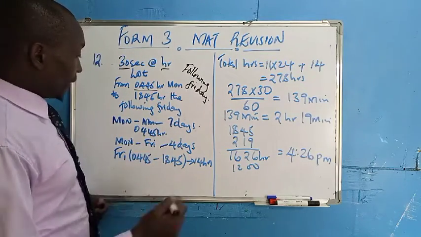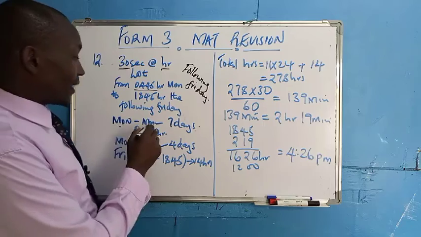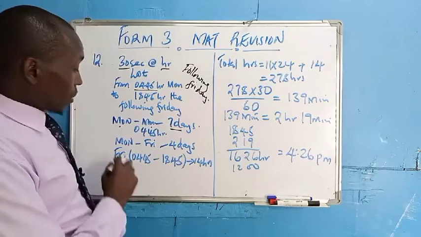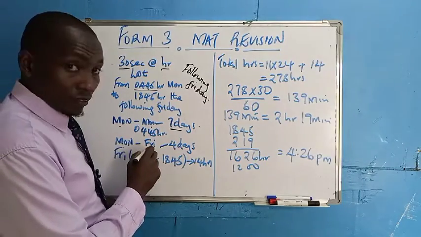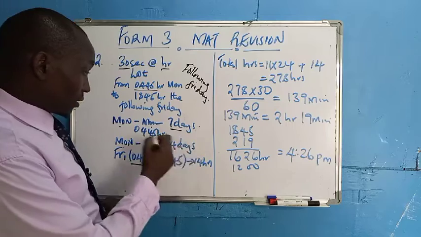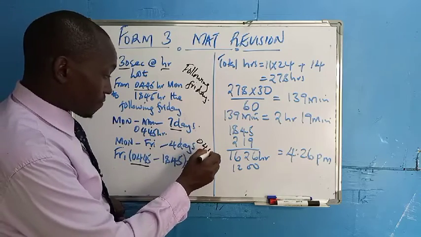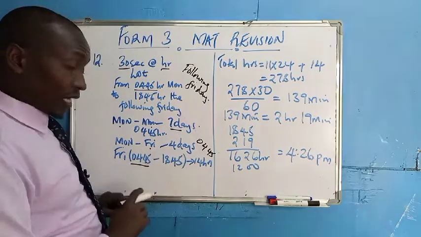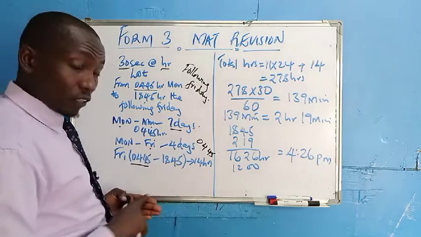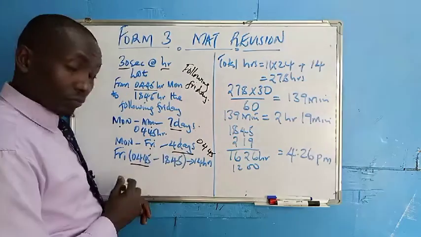So between Monday and the next Monday, that is 7 days. From Monday to Friday, at maybe the very hour 0:45, that is Tuesday, Wednesday, Thursday, and Friday 4:45. Those are 4 days.